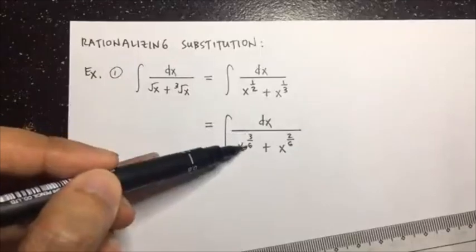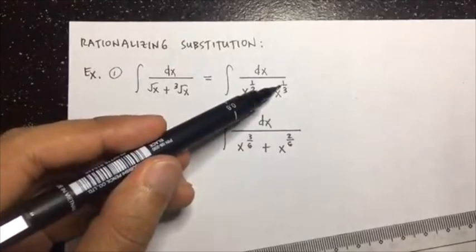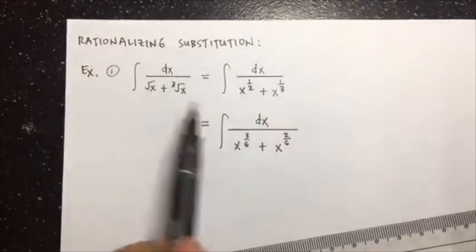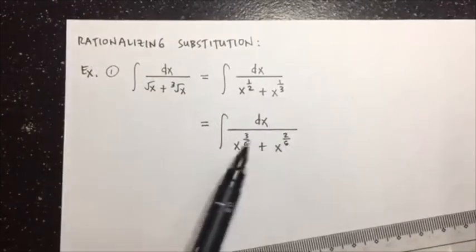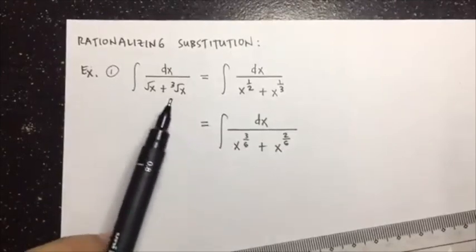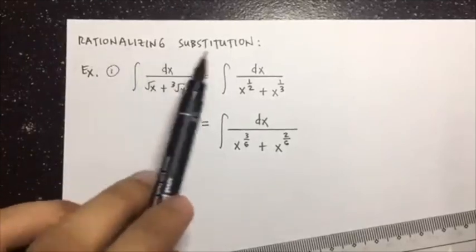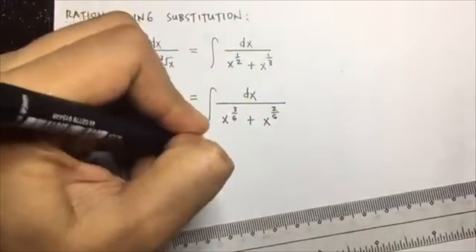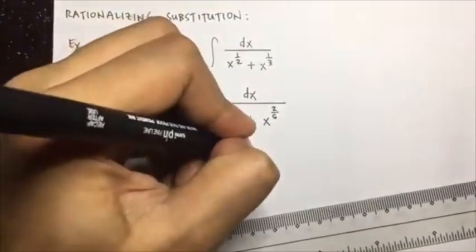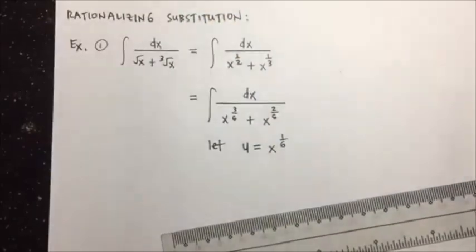Notice 3 over 6 is still equal to 1/2, and 2 over 6 is still equal to 1/3. To eliminate the denominator 6 in the exponent, we will now introduce a new variable to use in the rationalizing substitution. Let's say u is equal to x raised to 1 over 6.